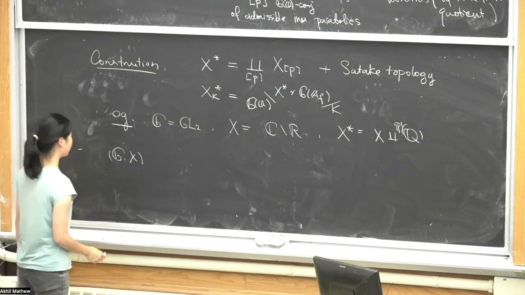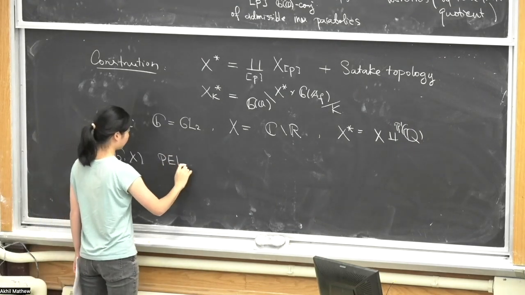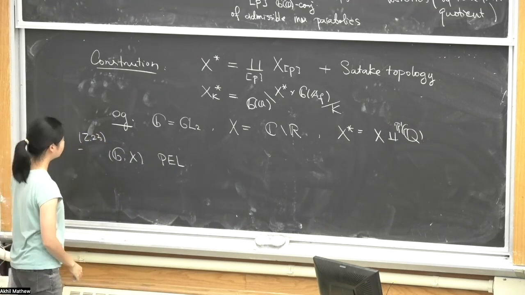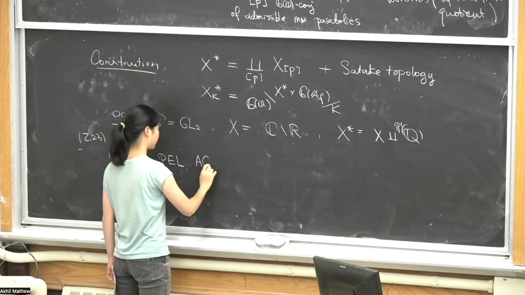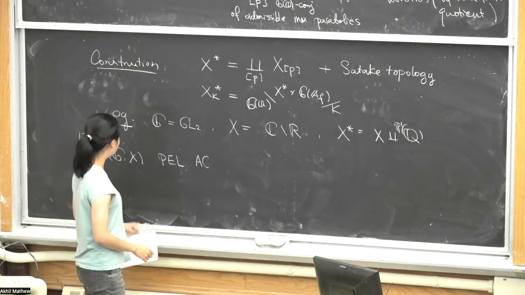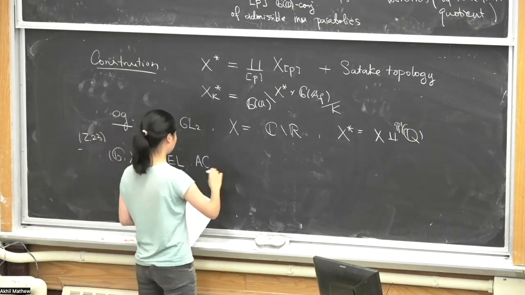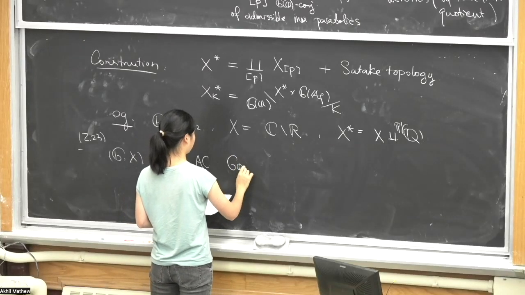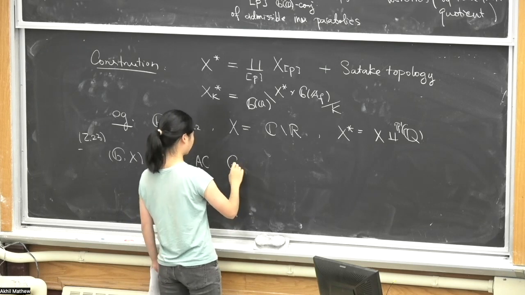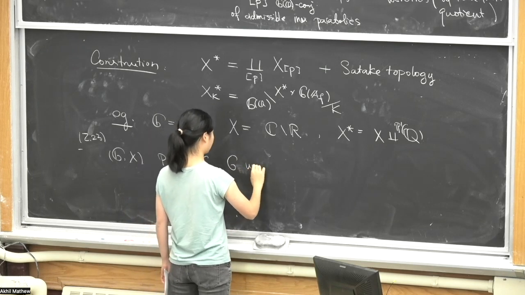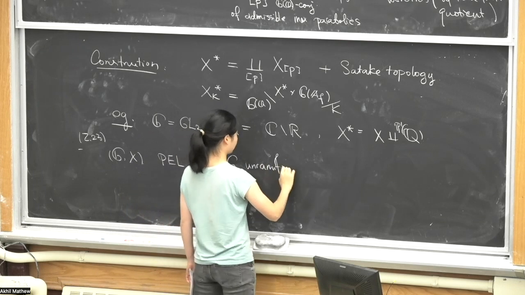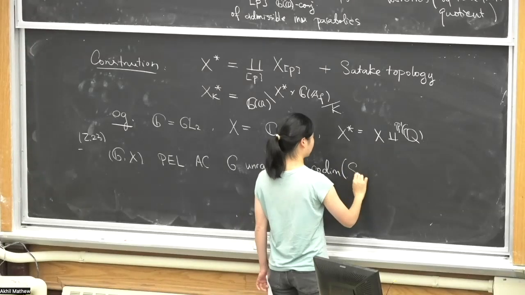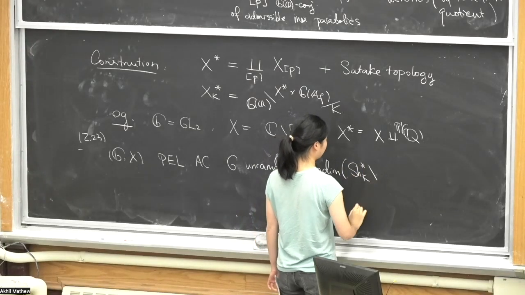For the Igusa stack, it was done in my thesis from last year, but under some assumption, which nowadays I feel is a little bit annoying, namely when the Shimura variety is of PEL type and type A or C, classified by a complex, and there's also the condition that this reductive group G over Q_p is unramified, plus that the codimension of the boundary of the minimal compactification in the Shimura variety is at least 2.